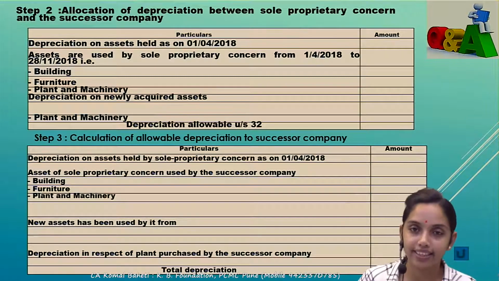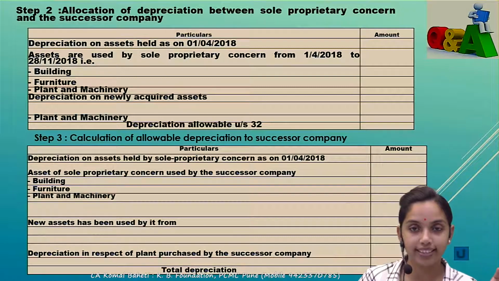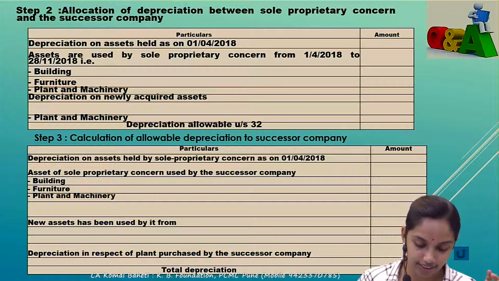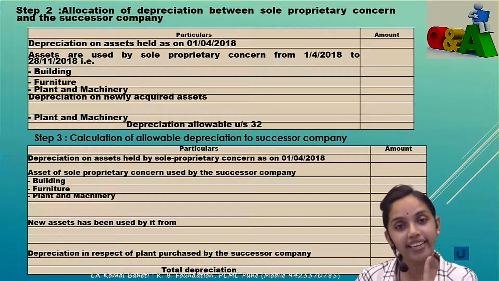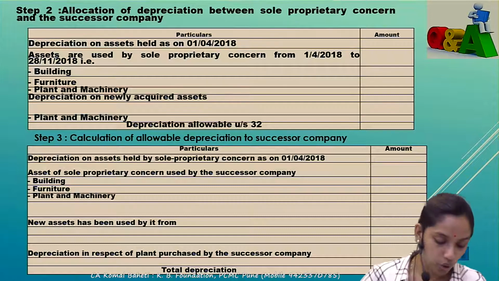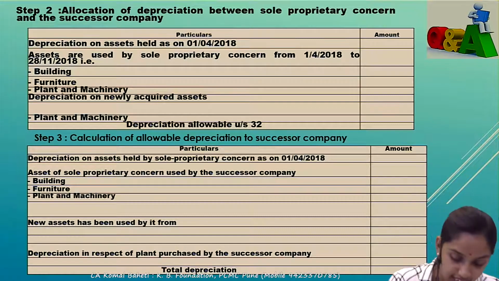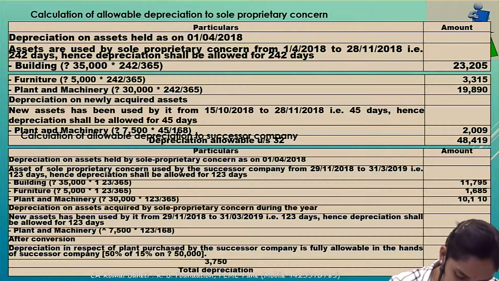April ke 30, 31 of May, 30th of June, July ke 31, 31st of August, then September ke 30th, October ke 31 और November को कब हुआ conversion? On 29, so 28 days of November. So total days the asset is used by the sole proprietary concern is how many days?